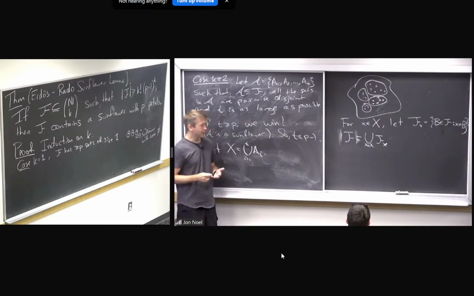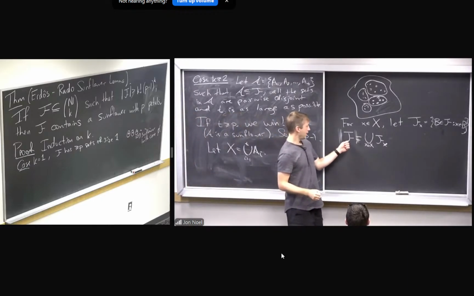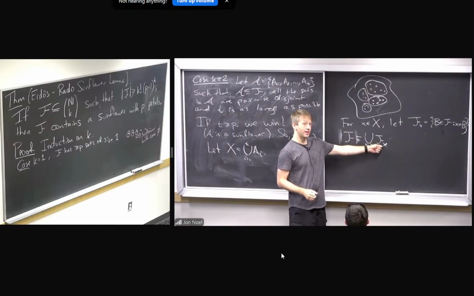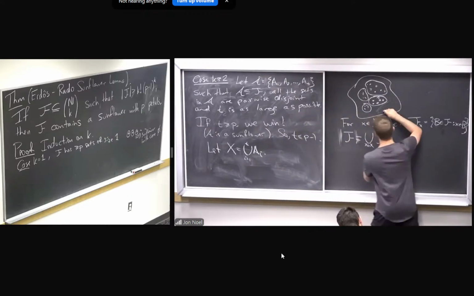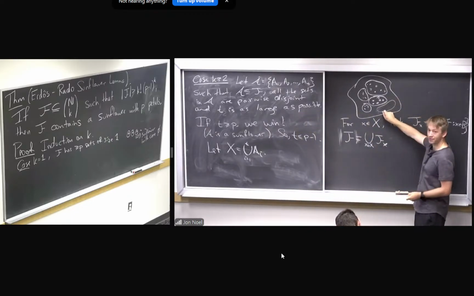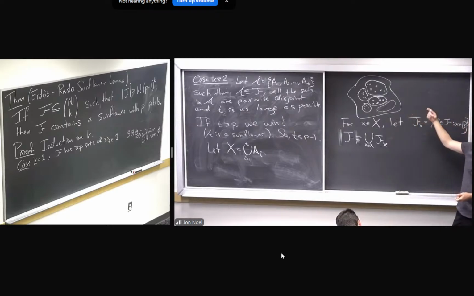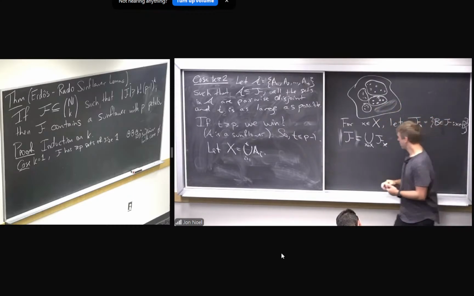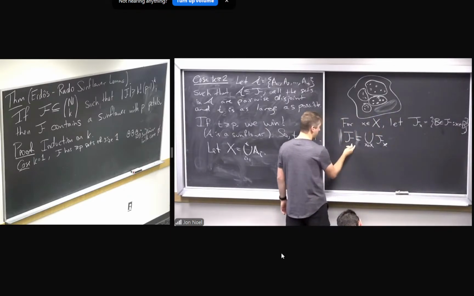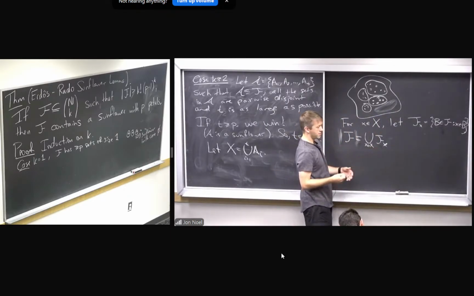Well, we can say this, right? Everything in F is going to be in one of these sets Fx, because if there was a set in F that wasn't in Fx for any x, that would just mean it's disjoint from all the sets in A. Okay, and these things, of course, may overlap each other.